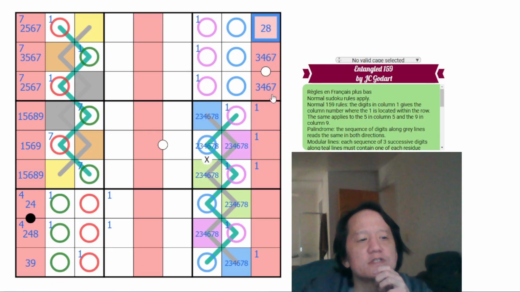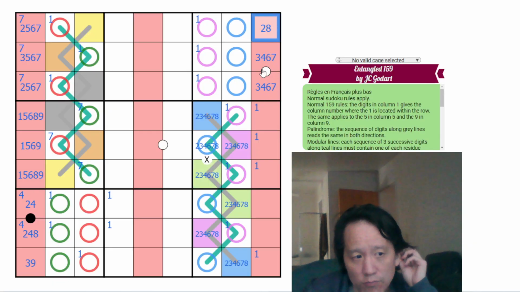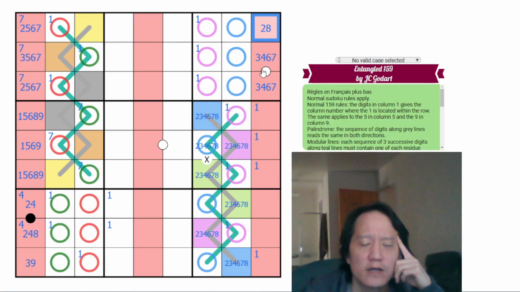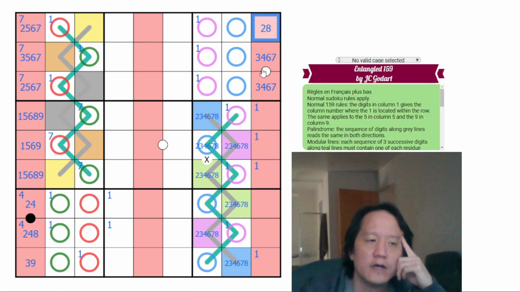Right. So if this is 2, remember, for 159 puzzles, I think, 3 cells in the same box in a 1, 5, or 9 column cannot be in the same set of 1, 2, 3, 4, 5, 6, or 7, 8, 9.